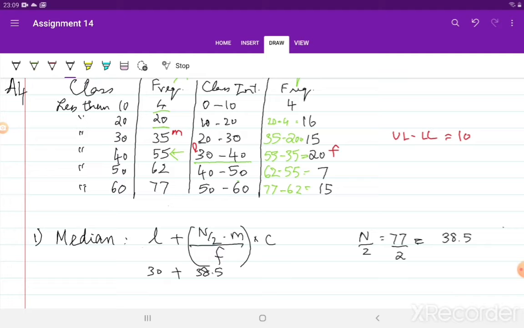You can do either. The answer will only differ by a few decimal points. So as long as the method is correct, you will get your full marks. So that's 38.5 or 39 minus 35 divided by F, which is 20, into C, which is 10.